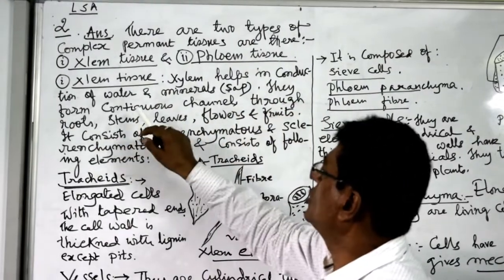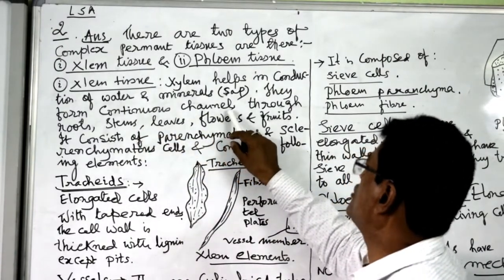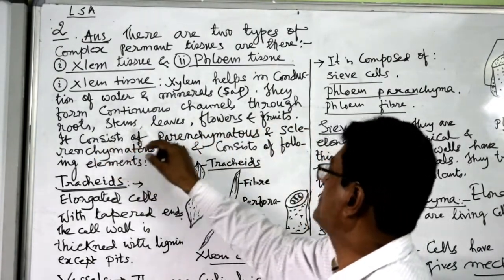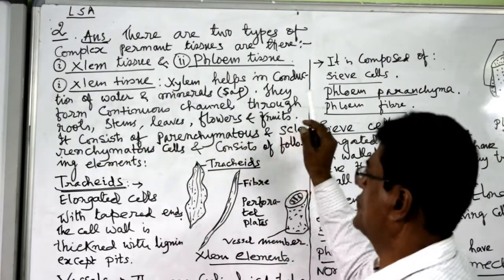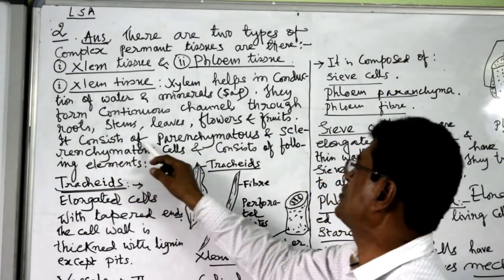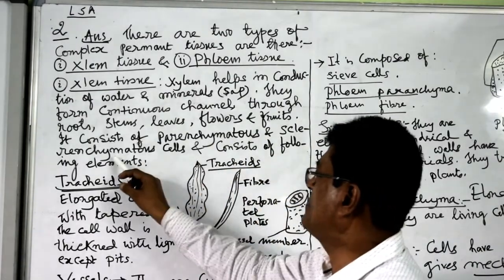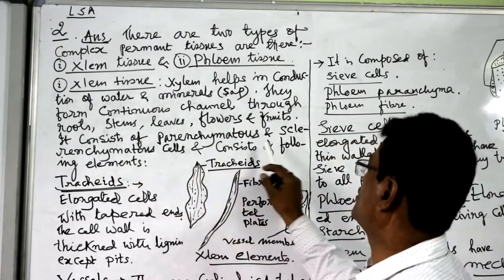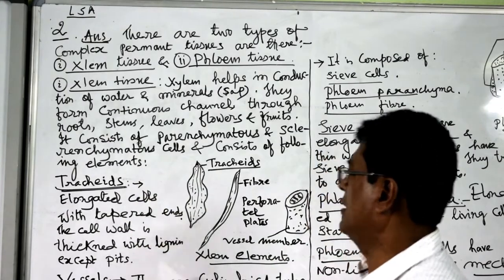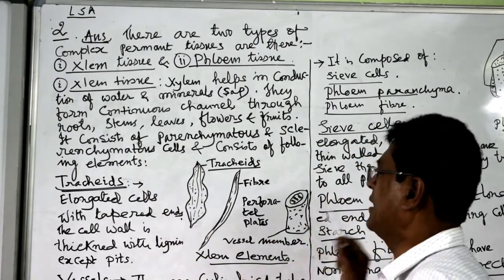They form a continuous channel through roots, stems, leaves, flowers and fruits. It consists of parenchymatous and sclerenchymatous cells and the following elements, known as xylem elements.